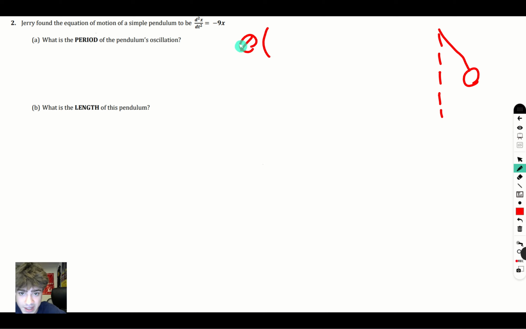So we'll have theta, which is how many radians it is displaced, is equal to A, which is the amplitude of the displacement. Since it's starting at an extreme, it's going to be a cosine graph, and we'll have an omega t in here.